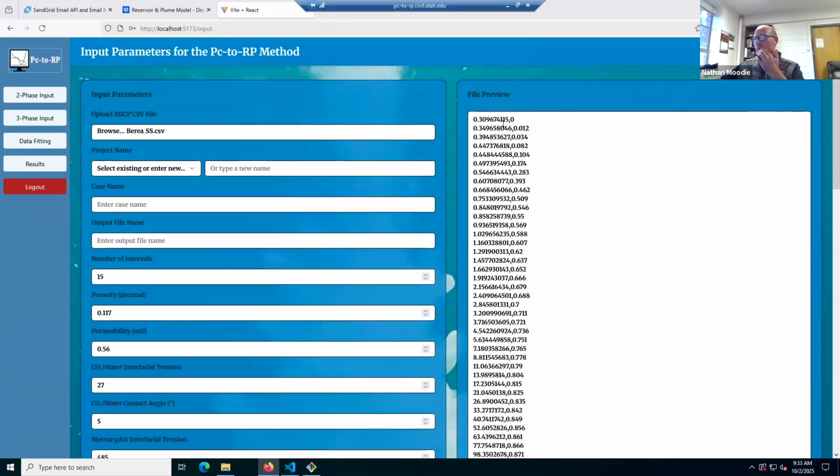You have your capillary pressure and your saturation in a comma separated file. We'll pick a project name. Since this is new, he doesn't have a project name, so we'll call this web app showcase. We'll give our sample a name.